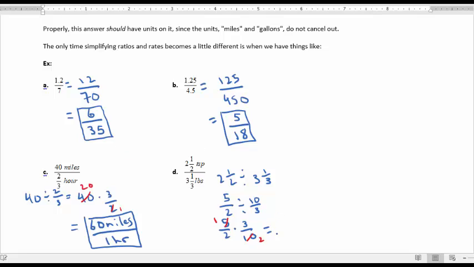So the top is going to be 3, and teaspoons was in the top, per 2 times 2 is 4 pounds. So 3 teaspoons per 4 pounds. So that's your simplified rate in that case. And that's it.